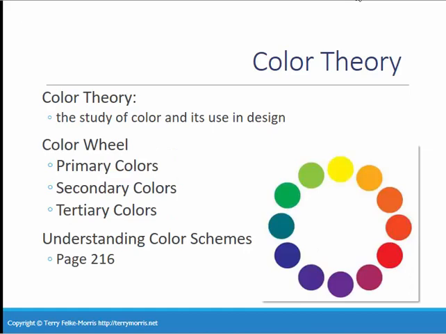Color theory was in, I believe, chapter 4. You had your focus on design assignment where you had to make your own color scheme, and you went to websites that talk about the psychology of colors.